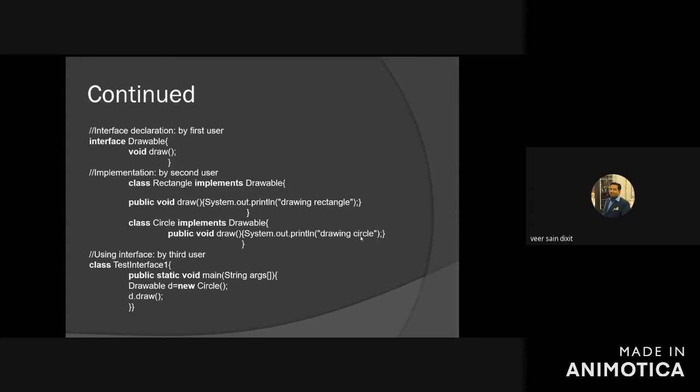Then you will create another class, TestInterface, in which there is a main method, and you are creating a reference of interface Drawable, which refers to an object of class Circle.